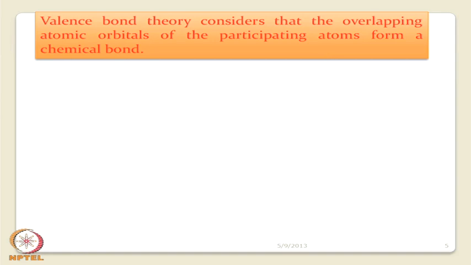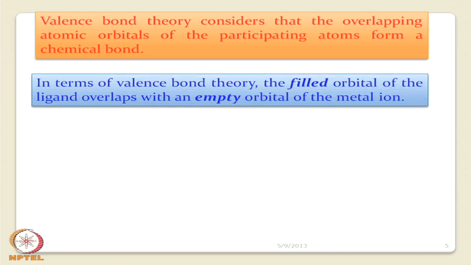So, how do we consider a chemical bond? We have the overlap, and two atoms, that means the metal atom and the ligand atom, are involved, and they are bonded through a chemical bond. They are engaged in more than one chemical bond to get the corresponding metal complex, depending upon their coordination number.